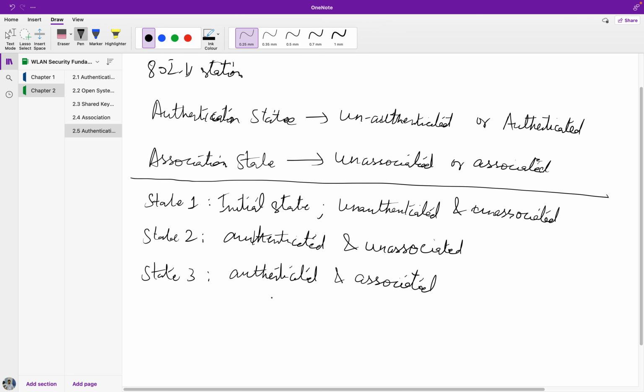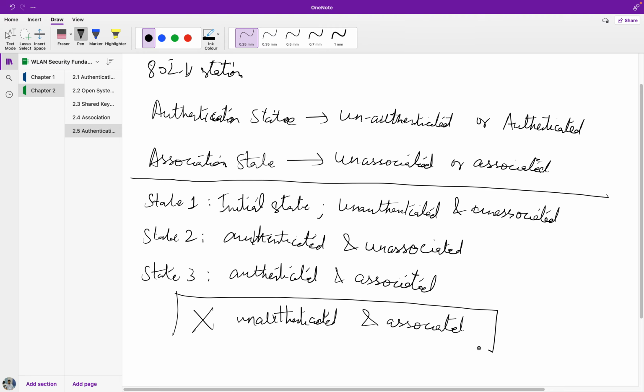How can it go and associate, right? So there cannot be a state where a client is unauthenticated and associated just fine. This state is not possible. Okay, so don't let somebody fool you.